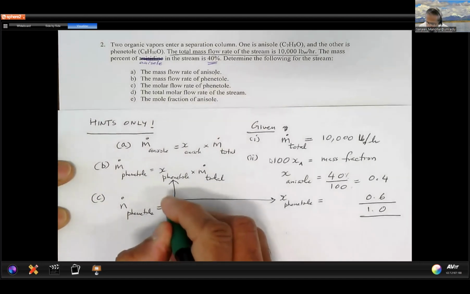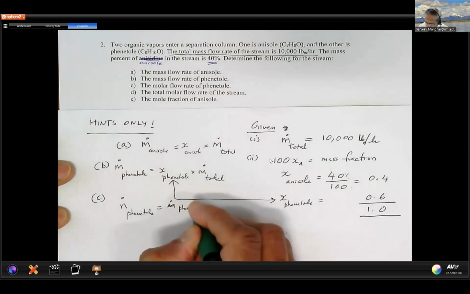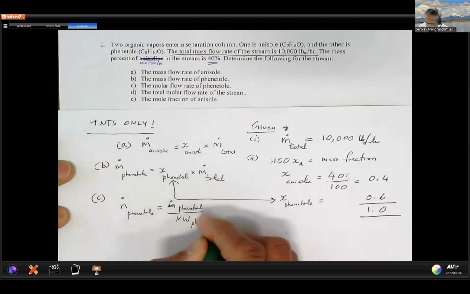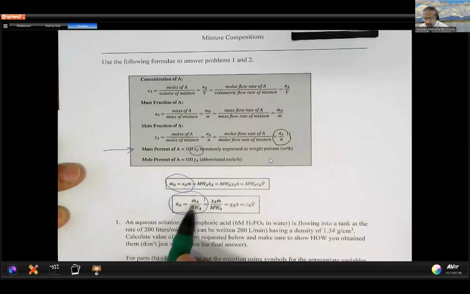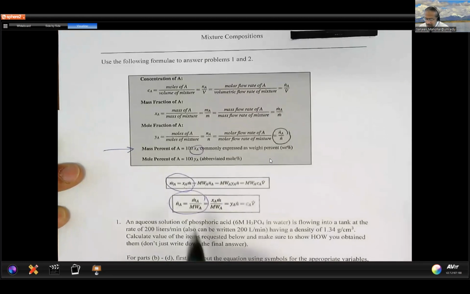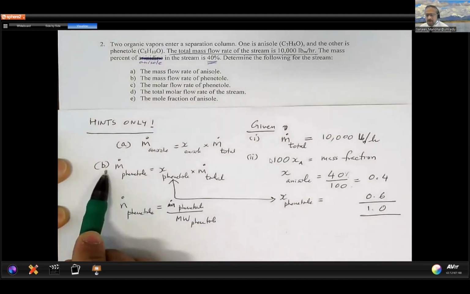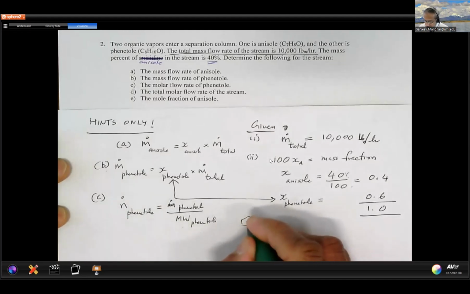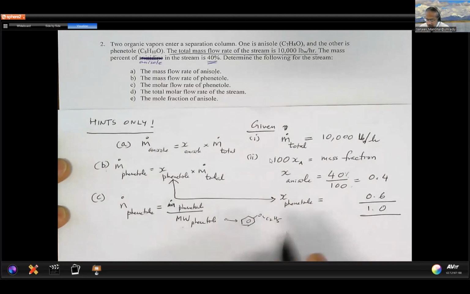Well, mass flow rate, sorry, of phenetol, divided by the molecular weight. This makes sense, correct? The very first one, because you already calculated the numerator in B. You got this, right? The molecular weight can be calculated using the formula given here, phenetol, right? And calculate the formula weight for that.